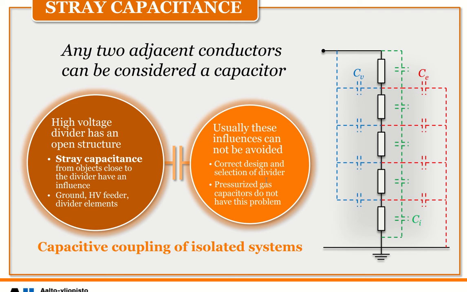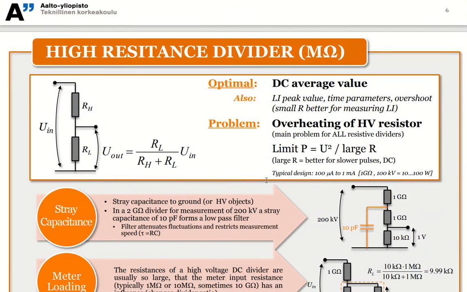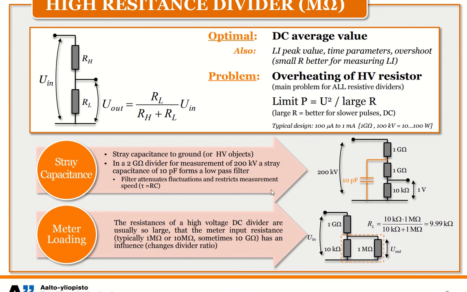So if you want to design the voltage divider and minimize the stray capacitance, you must have a correct design and selection of the voltage divider. And one more thing, you can use a pressure gas capacitor.